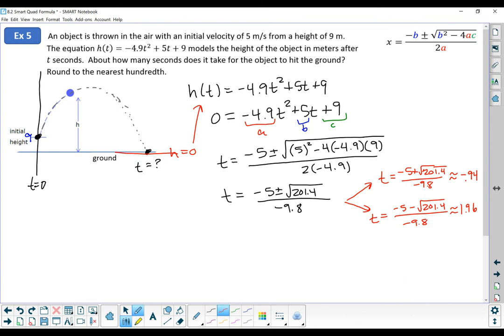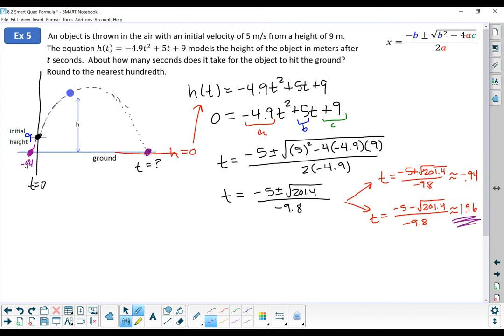So the first solution is actually what we would call an extraneous solution, because it's talking about this time right here. If we extended that parabola, it would have this negative root over here. We're really looking for the positive root, or the positive zero of that equation.